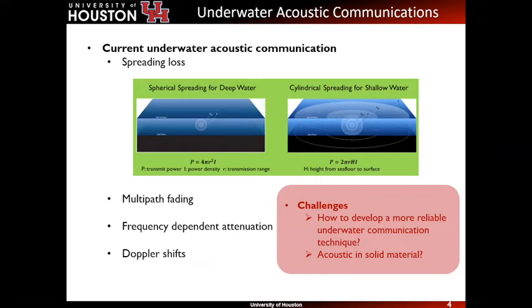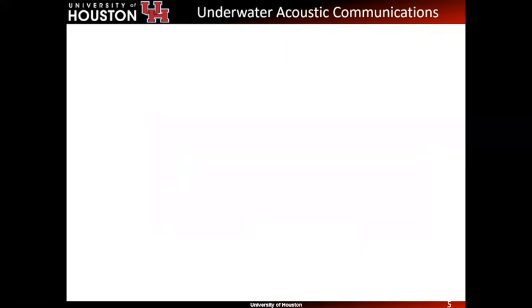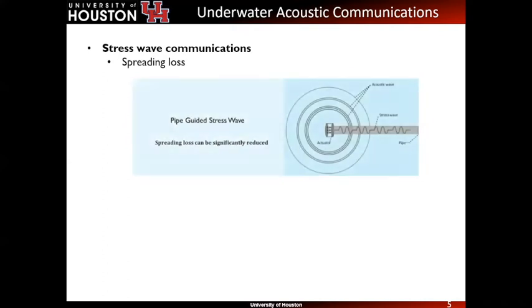Can we use acoustic waves in solid material for communication? The answer is yes. We can use a guided sound wave in metal pipe, called stress wave communications. We still look at the spreading loss as an example. In stress wave communication, the stress wave is guided by the metal pipes, resulting in reduced spreading loss compared to the underwater acoustic.